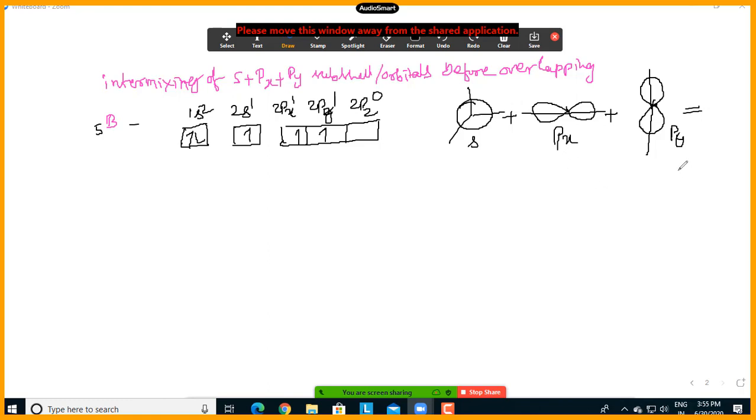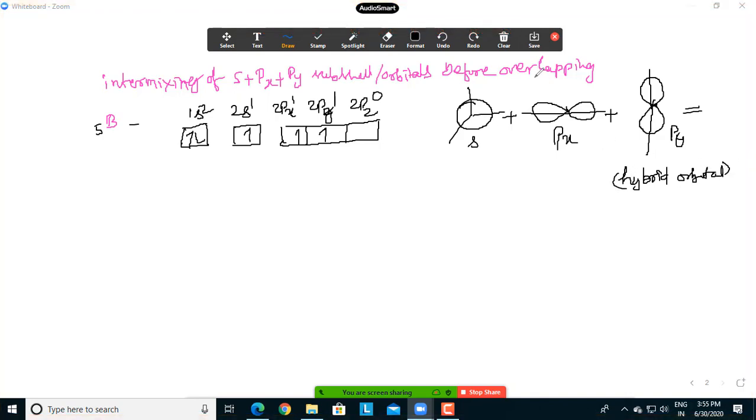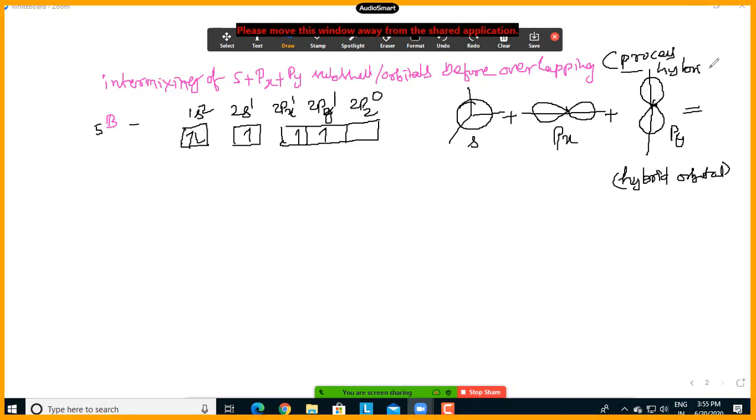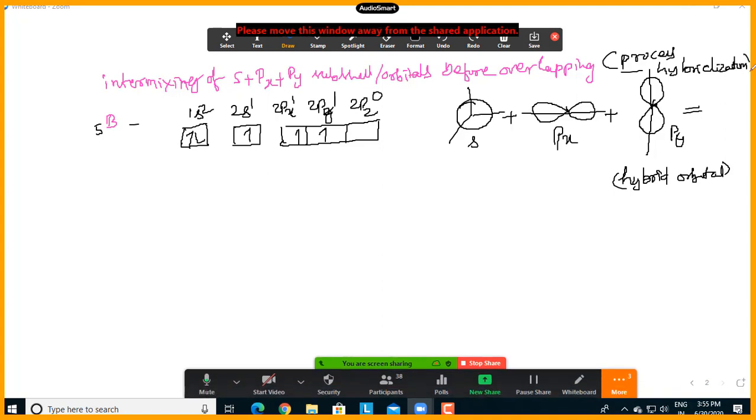you will get orbital, and that orbital is known as hybrid orbital. Why? Because this process is known as hybridization. What is the process?